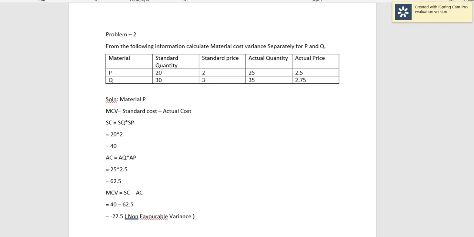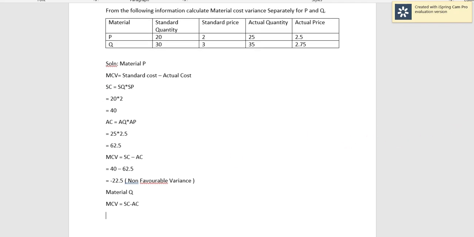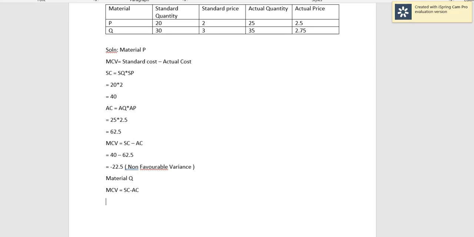Next, we'll see for material Q. The same way, write the formula: material cost variance is equal to standard cost minus actual cost. Standard cost is equal to standard quantity into standard price.